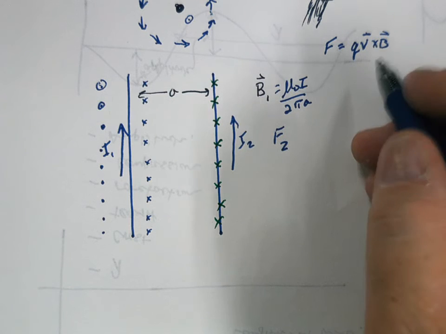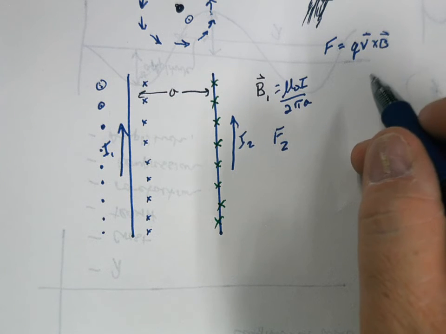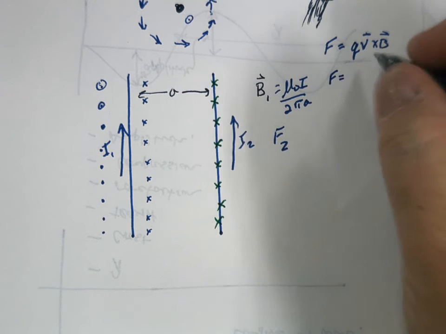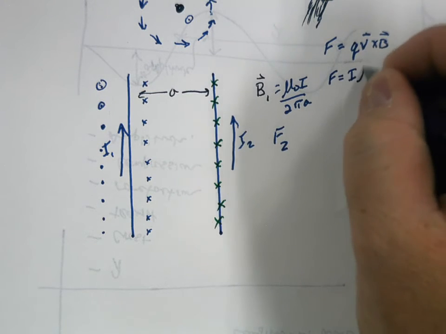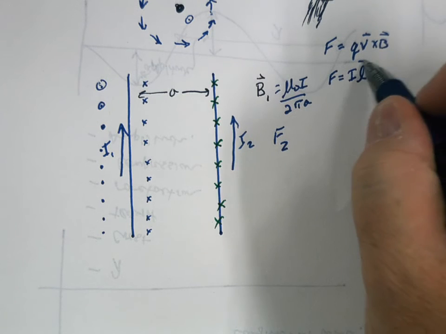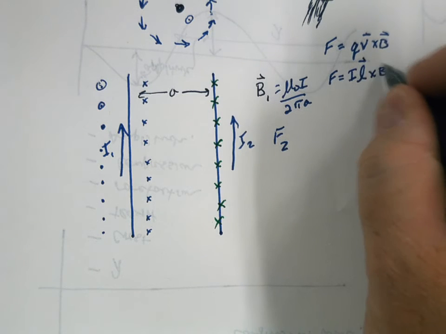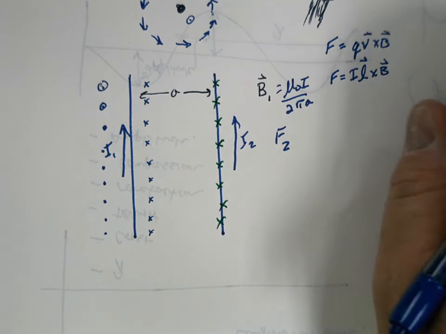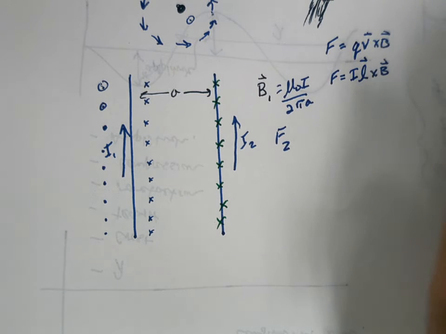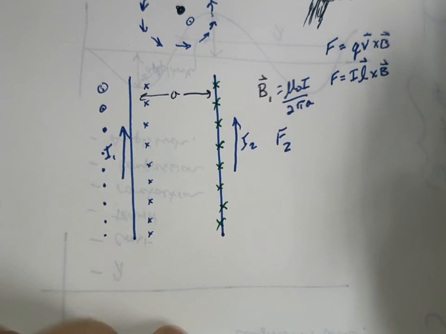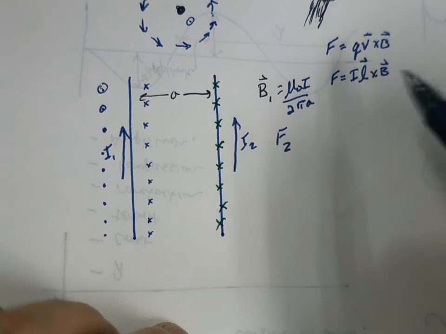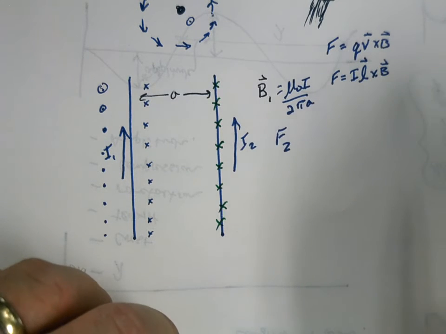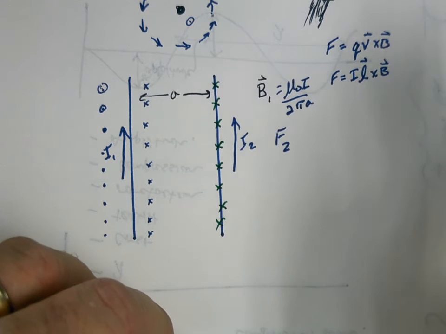But there's the other force that has to do with the current on a wire, right? Force equals Phil Crosby. That isn't it though. Now you have to remember, my only problem with using Phil Crosby is you have to remember the context in which it's used, and it's rather specific.